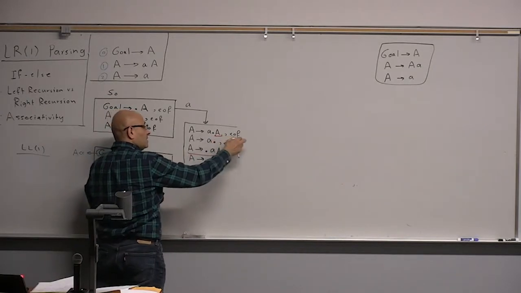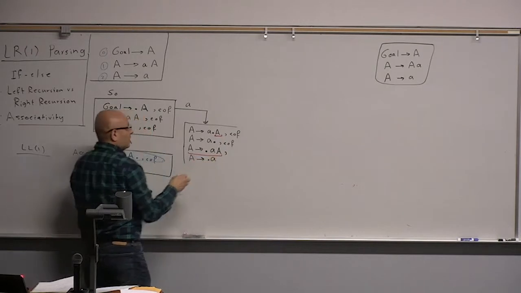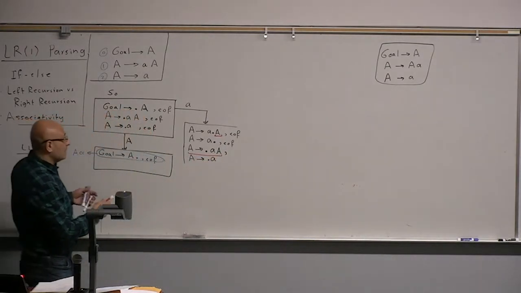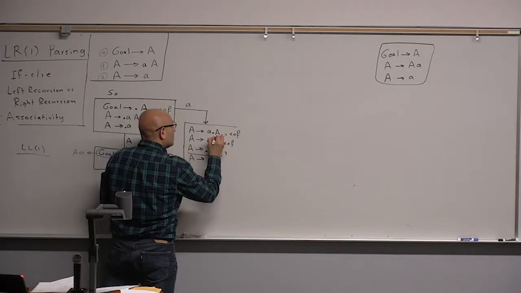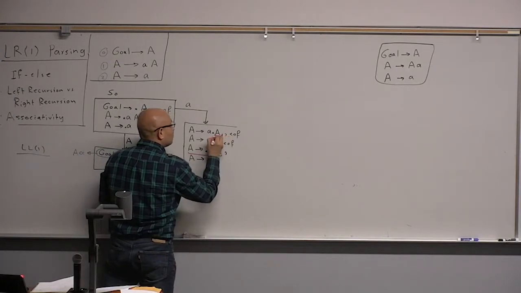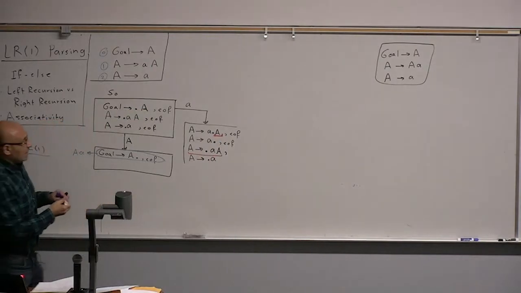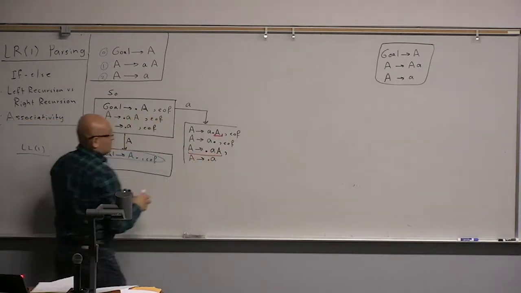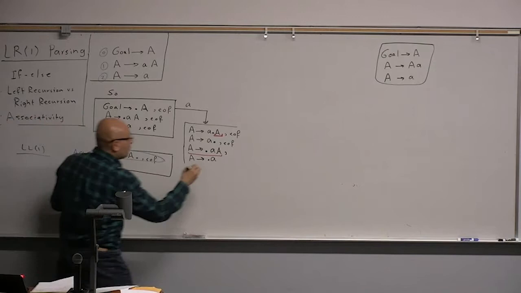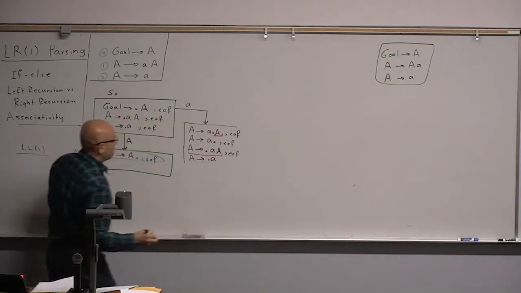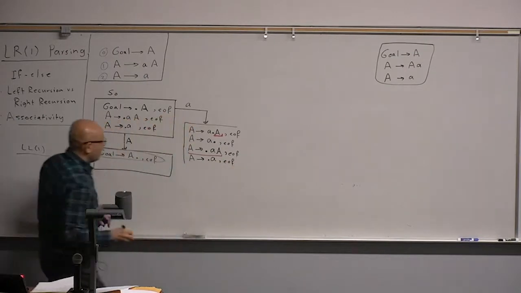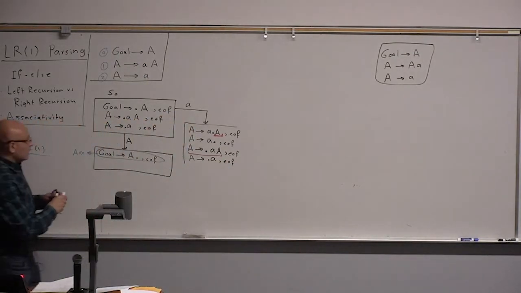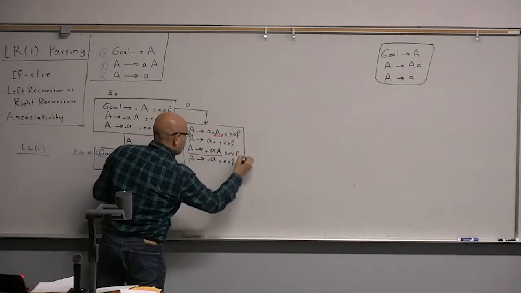It's an expansion for A. That's why we call it expansion. So A is replaced with this. So what comes after the A is an end of file. And this is an end of file. Okay? So this is the expansion.